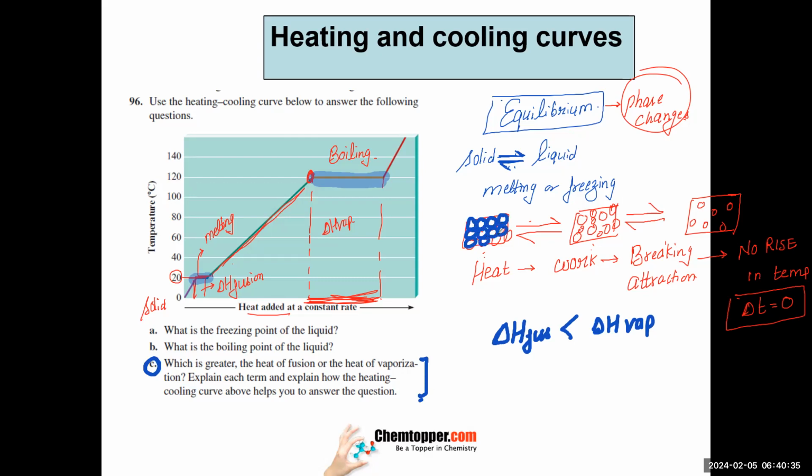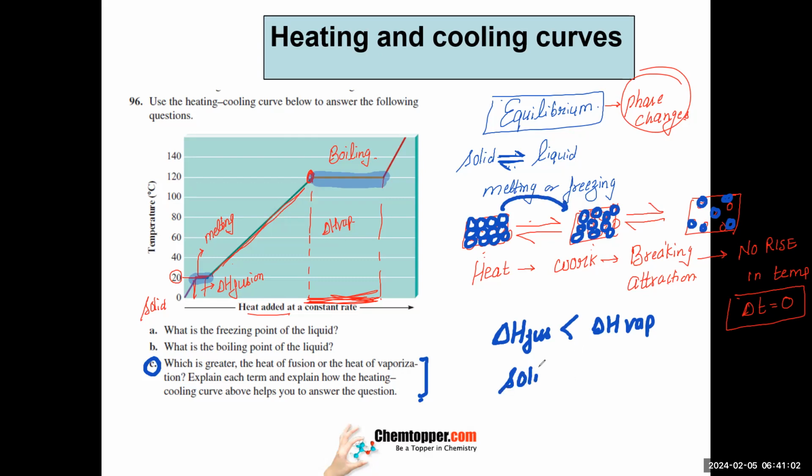IMFs are very strong. Liquid particles are slightly loosened, slightly. Liquid gases, they are far away from each other. No attraction, no repulsion, negligible attractions. So, going from solid to liquid, less amount of heat is needed.